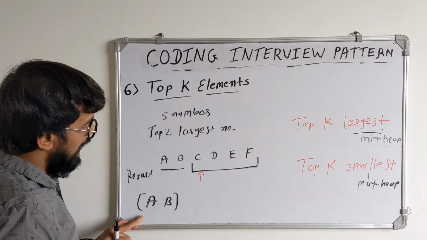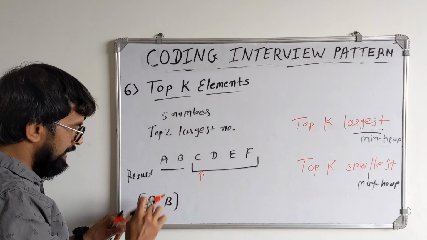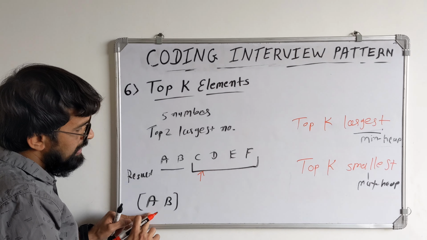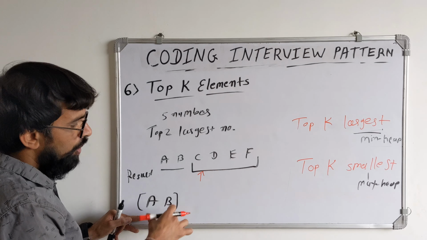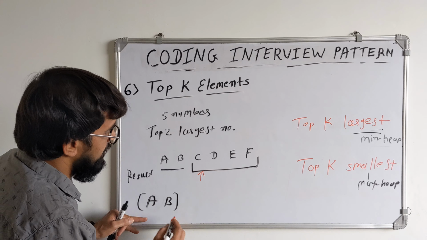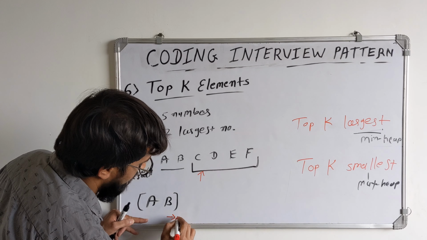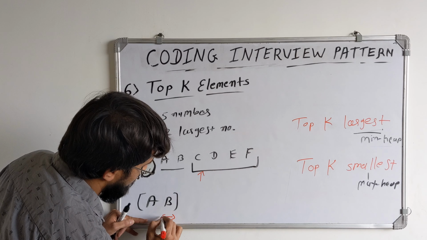What I can do is tell the numbers sitting here: hey, please sit in a way that the smallest number is at the front, and then the larger numbers come after it.